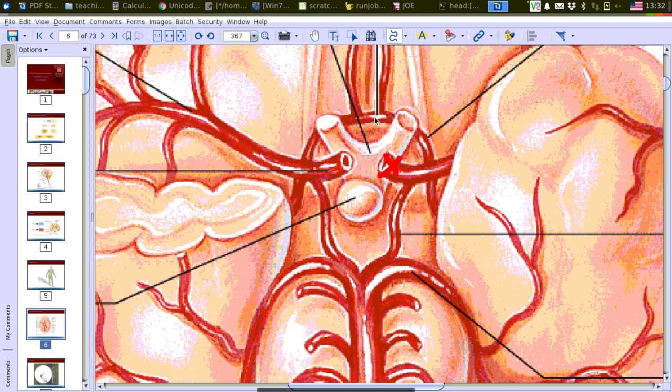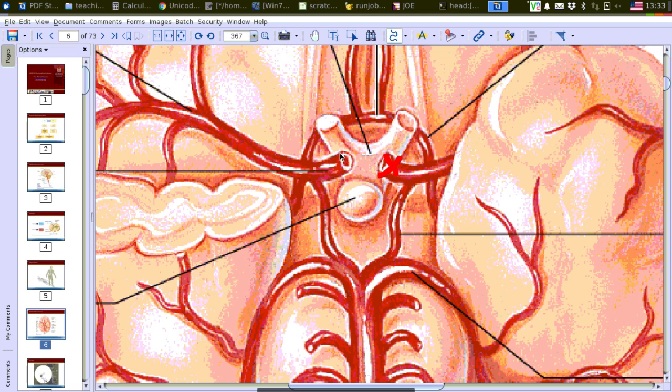But now there's no pressure because the blood vessel was blocked. So the blood will just come to the other side and start feeding the anterior cerebral artery, and it will come here and feed the middle cerebral artery and return flow to the brain. So there won't be any damage. That's the protection provided by the circle of Willis.